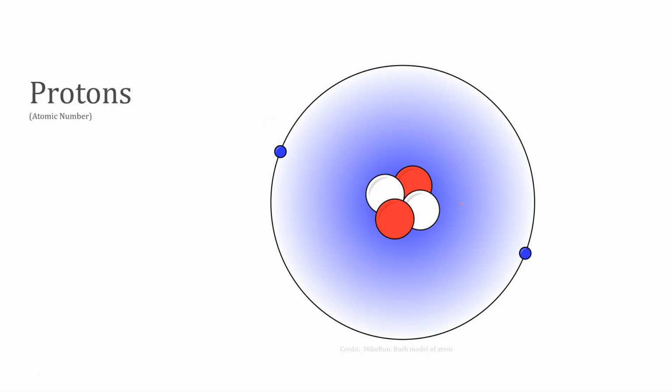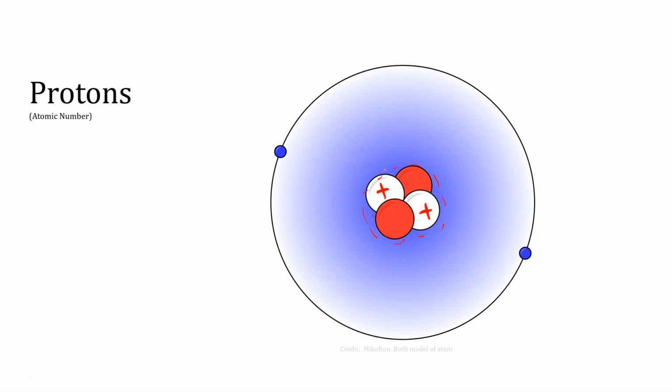So all atoms have a few different parts to them. There's the protons. The protons would be positively charged, and they would be found in this little nucleus area. Okay, so in this example, we have two protons, two little particles.